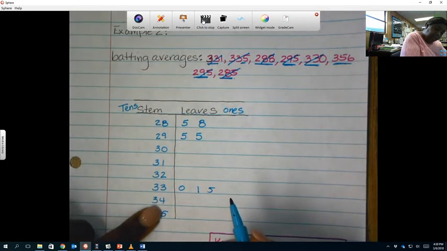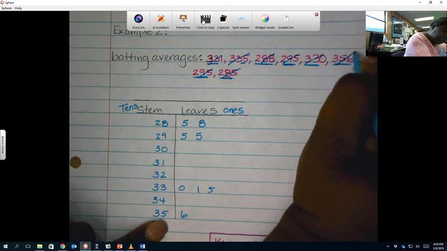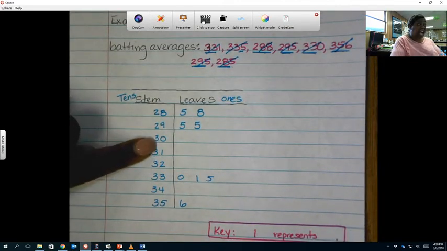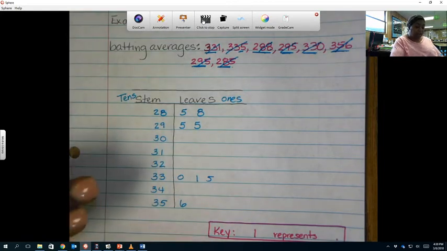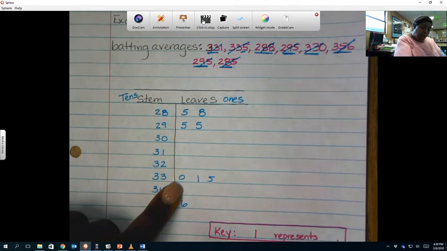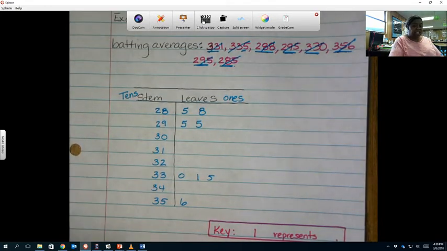I have no 34s, and I have a 35 with a 6, 356. So if I have none, I don't put anything. I don't even put a 0, because if you put a 0, that means you have the number 330, which I do have, but I don't have 300, so I don't put any digit at all.